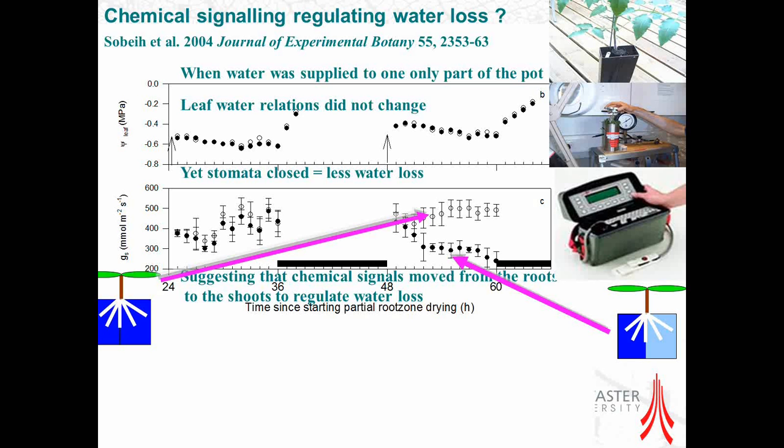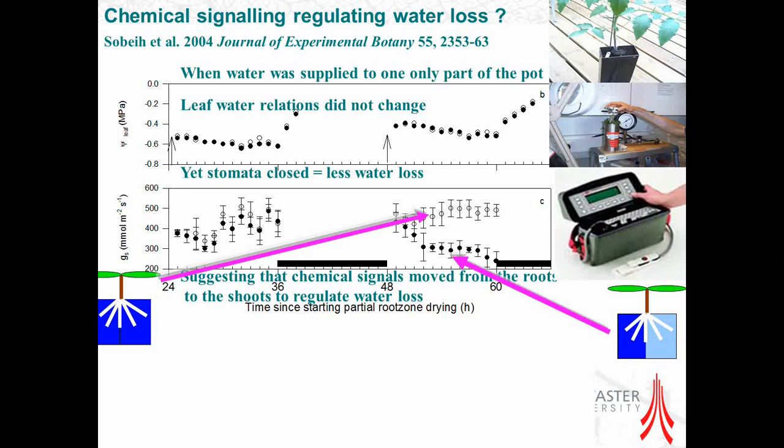We can see in the second panel, though, that the plants that were exposed to partial root zone drying closed their stomata. And this occurred in the absence of any change in leaf water potential. So I would argue that it's quite difficult to make the argument that it's changes in leaf water relations that are causing this stomatal response.